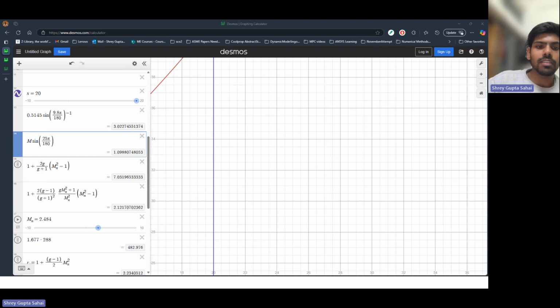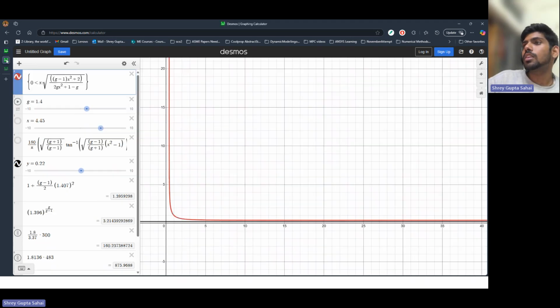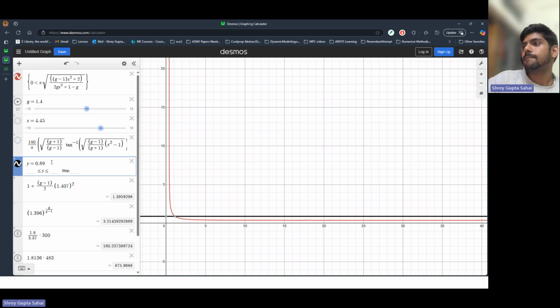Let's calculate 35. If 35 is there, then this becomes 20. So this becomes 0.889, let's say. So now we have to use 0.89. So 0.89 corresponds to a value of 1.129.